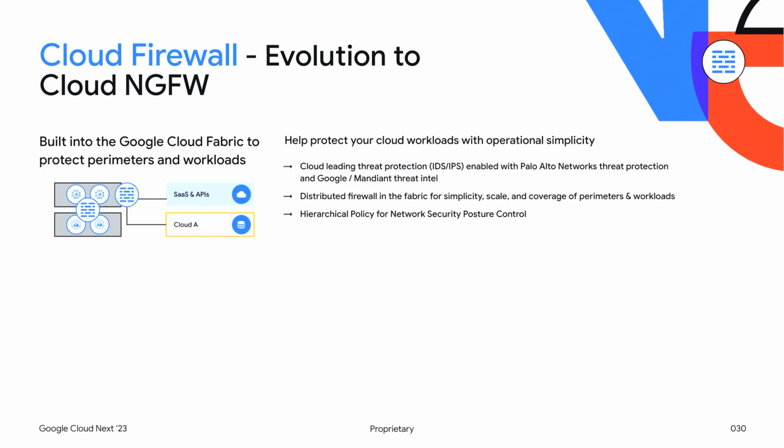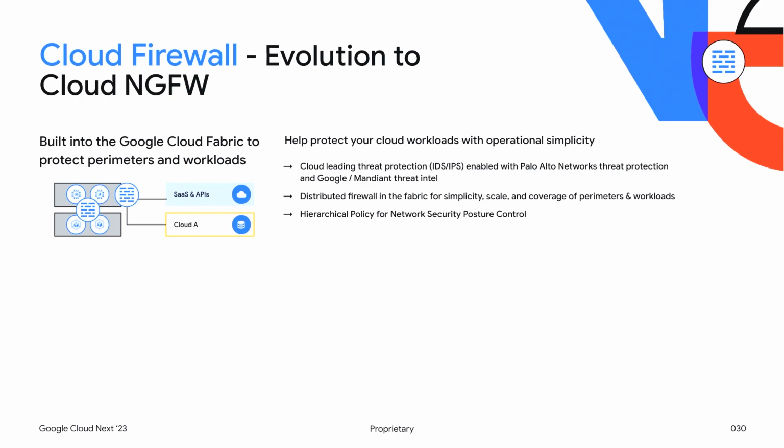This is enabled by the threat technologies from Palo Alto and with the threat intel from Google Mandiant. This is a distributed firewall. This is built into the Google fabric, and it provides us simplicity, scale, and coverage of both the perimeter and the workloads, all without network changes, all without routing changes. So security follows the workload.